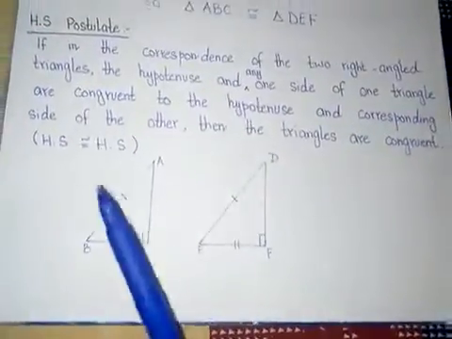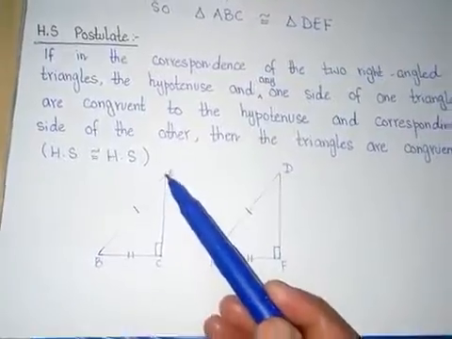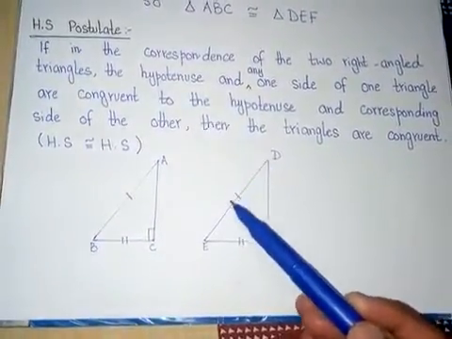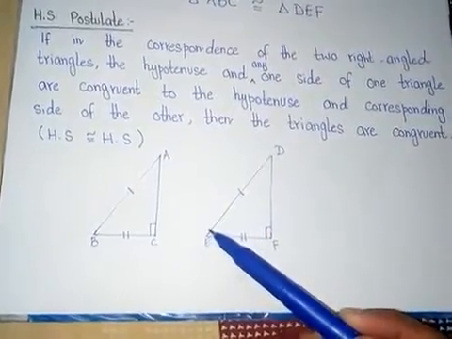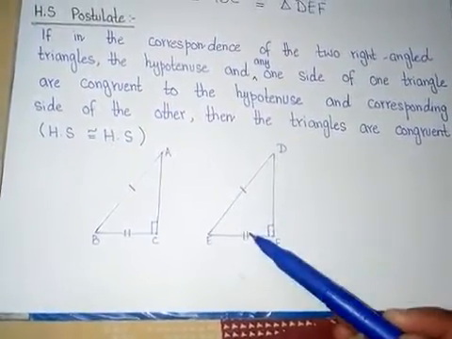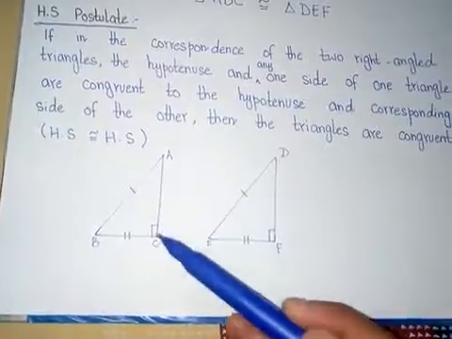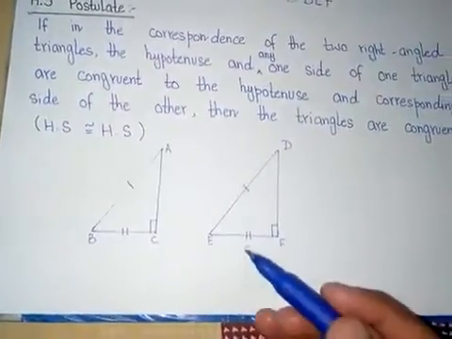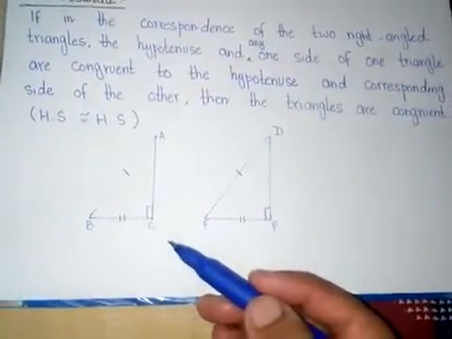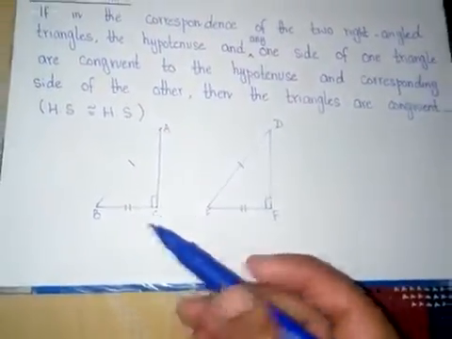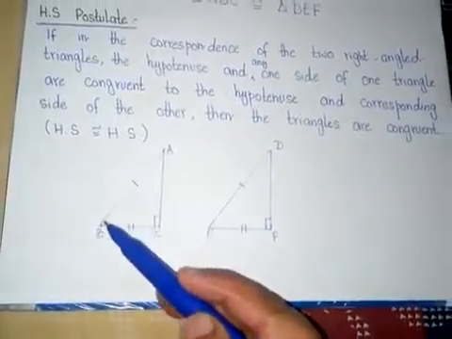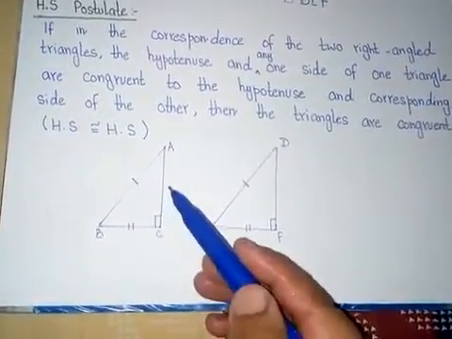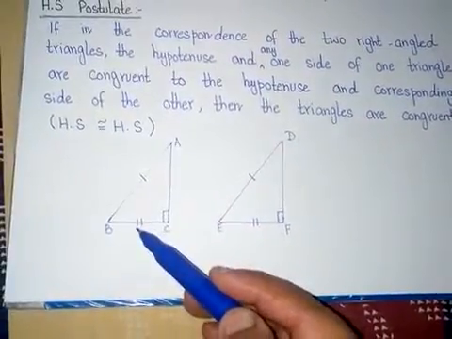It means if the hypotenuse of one triangle is congruent to the hypotenuse of other triangle, and from these two sides, if any one of the side is congruent to the other triangle, then the triangles are congruent. Clear? Hypotenuse is compulsory congruent, and from other two sides, one is called perpendicular and the other is called base.